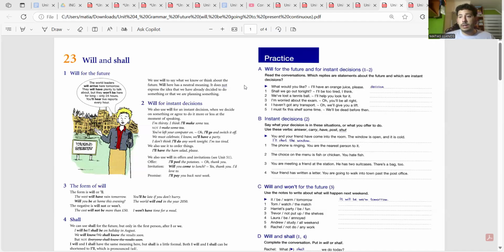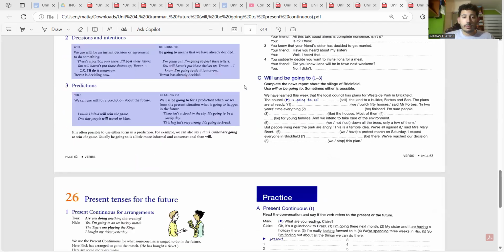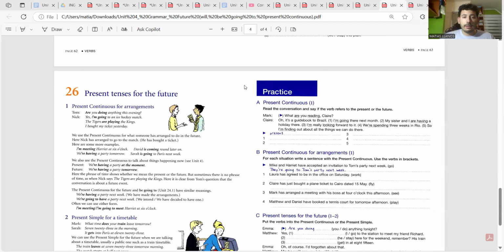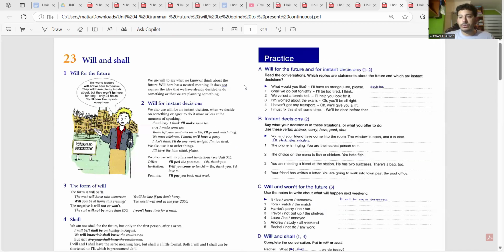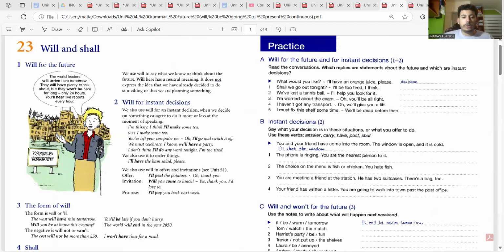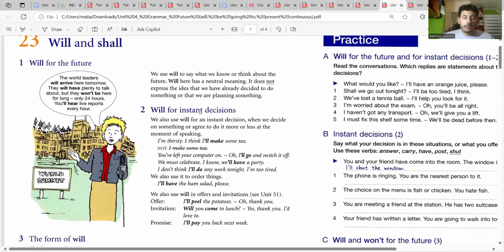All right, so the grammar for unit 4 is about will, be going to, and most of it is future. We'll be seeing future. What is future? Well, in English we have different forms of future, but mostly it's with will. It's the most used form of future.